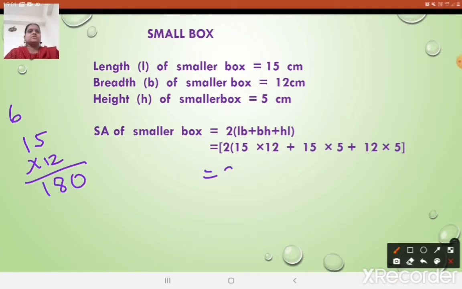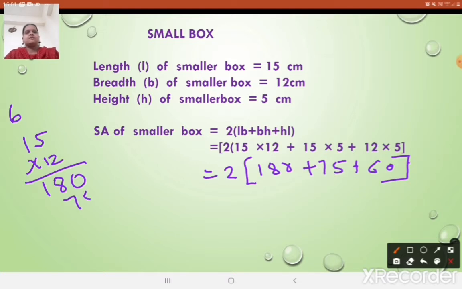So you will get 2 in the bracket 180, 15 5s are 75 plus 12 5s are 60. Is it correct? So if you add 180 plus 75 plus 60, what will be the total? 8 plus 7 is 15, 15 plus 6 is 21, so it will become 315.